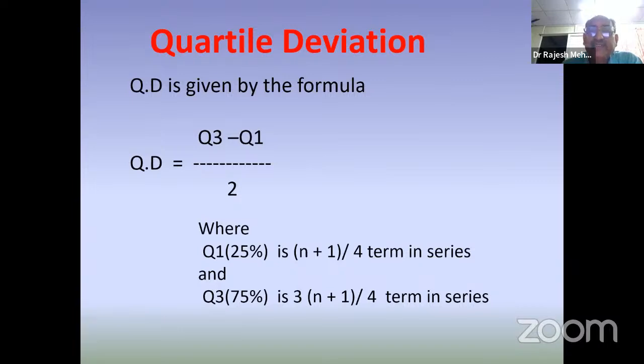And quartile deviation is Q3 minus Q1 divided by 2. Now, if the data less than Q1 is too much, or more than Q3 is too much, then the distance between Q3 and Q1 will be comparatively less.